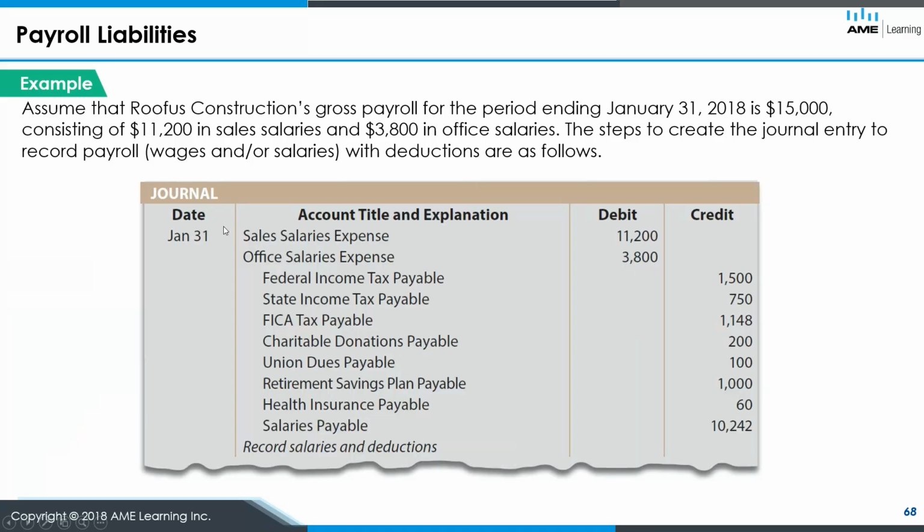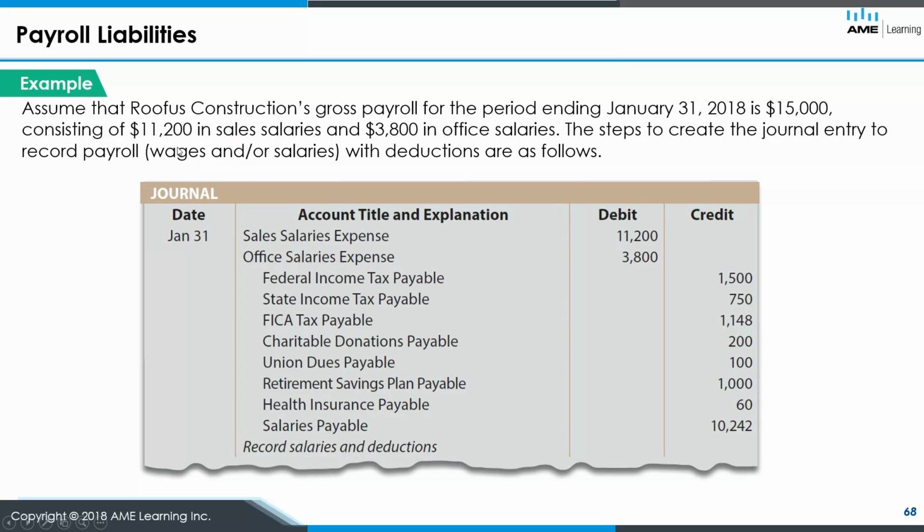So let's look at an example here. We have a company, Rufus Construction. Gross payroll, again, before any deductions, for the period ending January 31st, 2018 is $15,000. And that's broken down between the sales department and the office salaries.